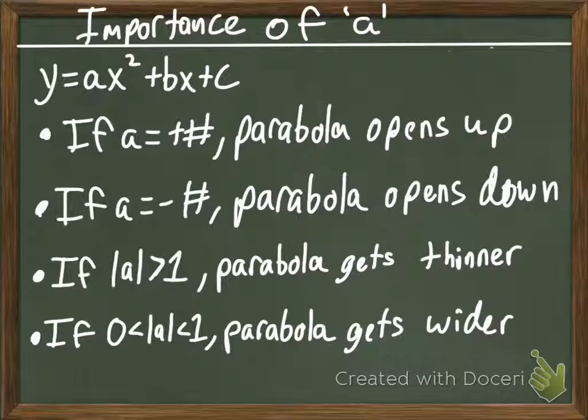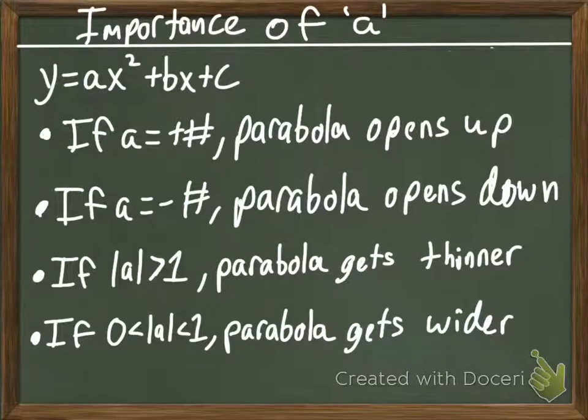So that's what I wanted you to see in that first video. And another way you can think about it is if your a is positive, it's happy, it's smiling. So if your a is positive, your parabola is happy, so it looks like a smile. If your a is negative, it's sad, and your parabola looks like a frown.